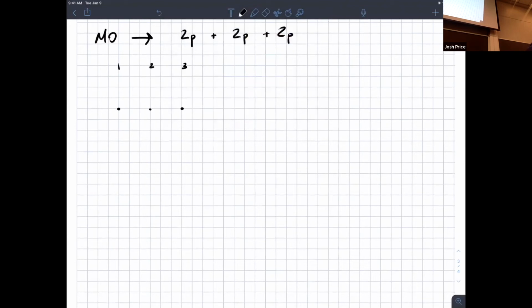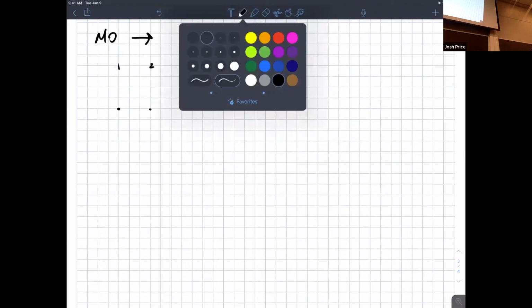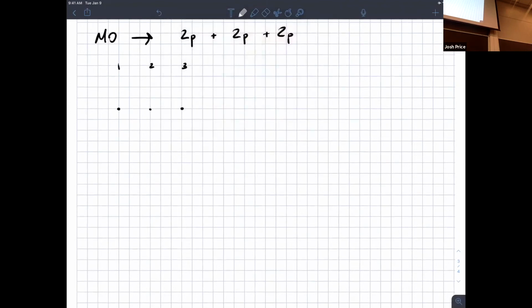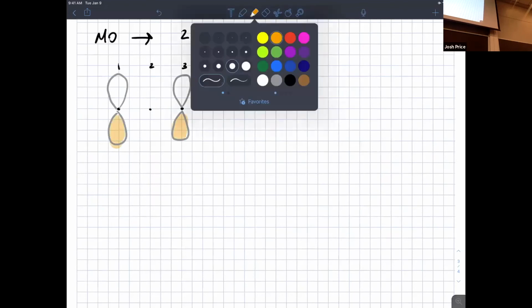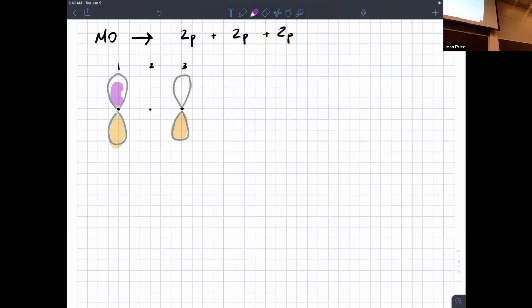We'll mix those together, and then we're going to add in the 3rd. Okay? Because it's a little bit clearer this way, let's add the 2p orbital on carbon 1 with the 2p orbital on carbon 3 in phase. That'll be the plus combination.